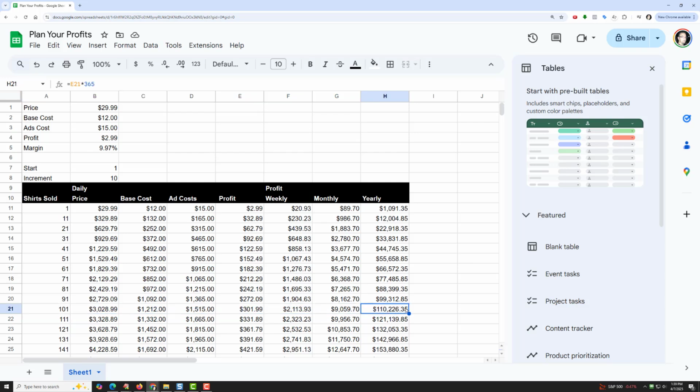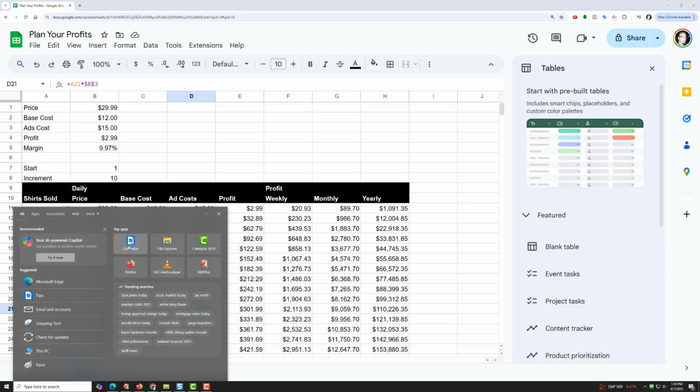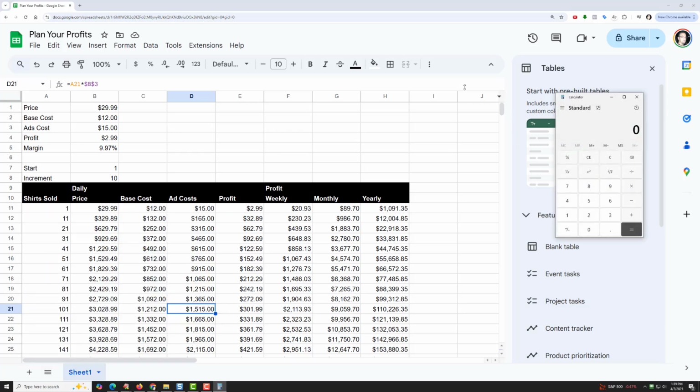If you want to make like $110,000 profit per year with a t-shirt business with a 10% margin, then you would need to spend basically $1,500 a day in ad costs. And if you take out your calculator, you can do that real quick and say, okay, so 1,515 times 365. Yeah, you're spending like $552,000 a year in order to make $110,000 a year.